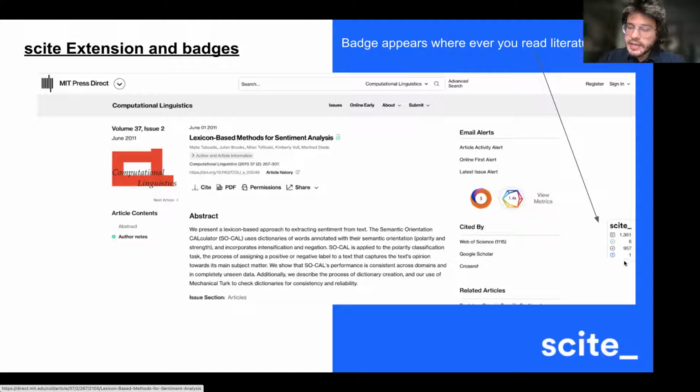And this badge shows the number of citations, which is sometimes interesting information, like there's 1,361 citations to this paper. The number of supporting citations is the number of times this publication has been supported.